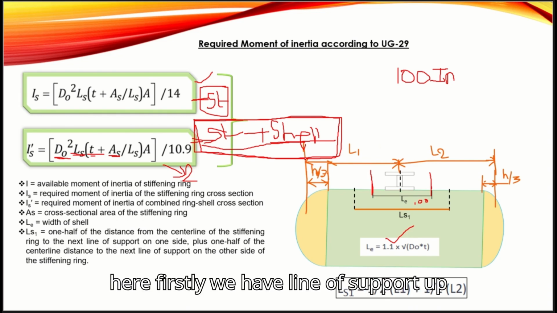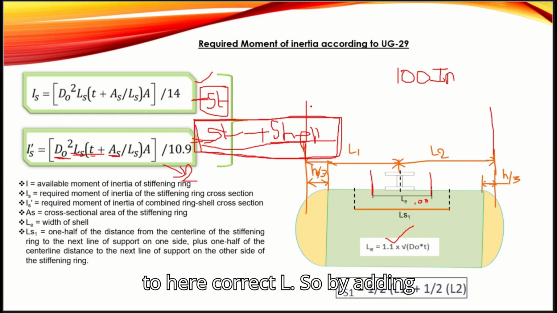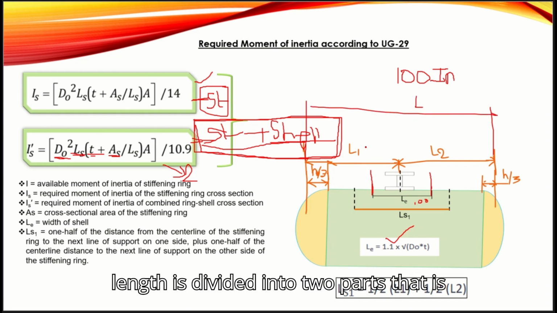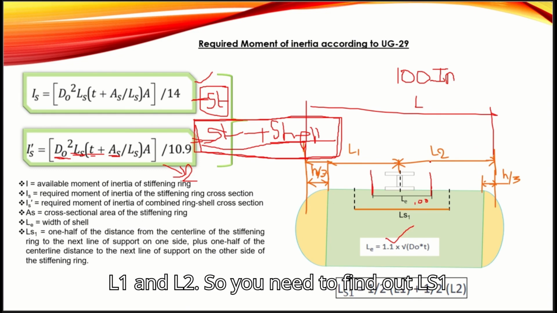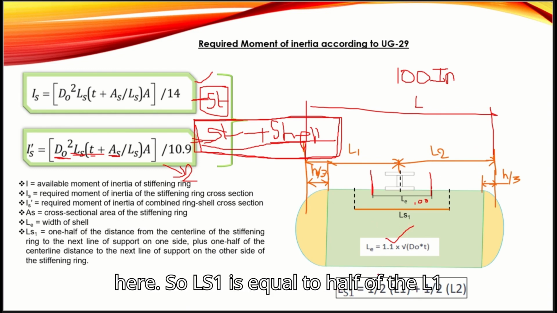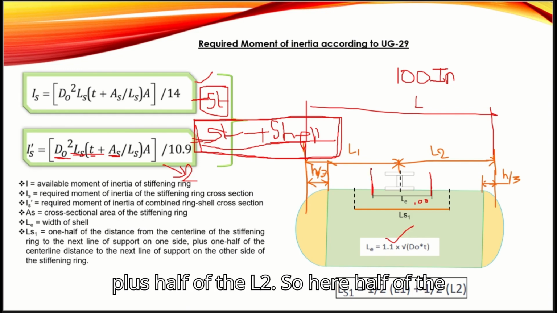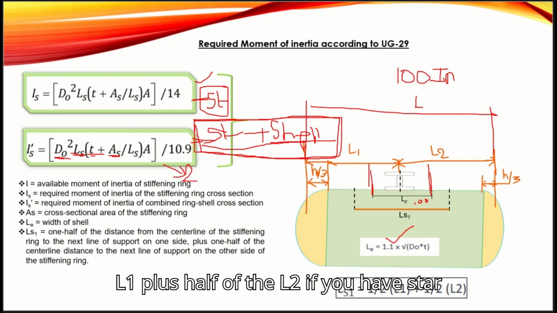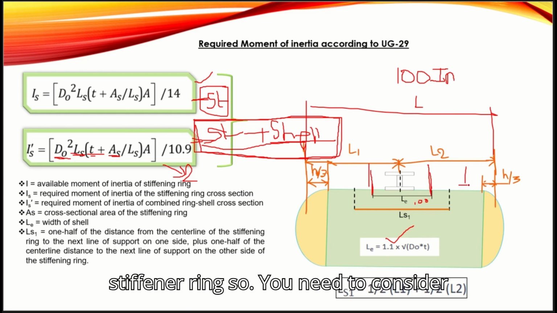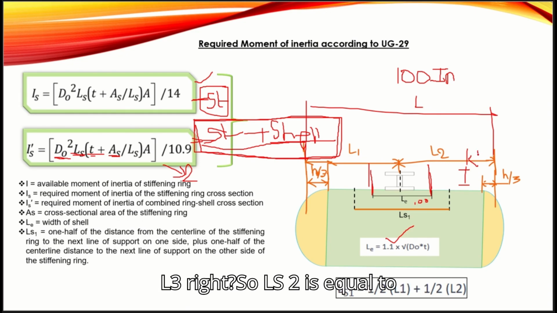Here, firstly, we have the line of support up to here, correct? L. By adding the stiffener ring, your unsupported length is divided into two parts, L1 and L2. So you need to find LS1 here. LS1 is equal to half of L1 plus half of L2. If you have another stiffener ring, you need to consider L3, right?